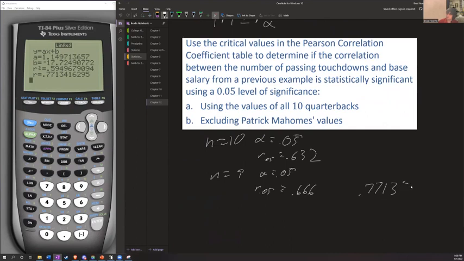I'll note 0.7713 is greater than 0.666. So this one here is statistically significant. Okay. And there we go. So this relationship was not a statistically significant correlation. This one was a statistically significant correlation. Okay.